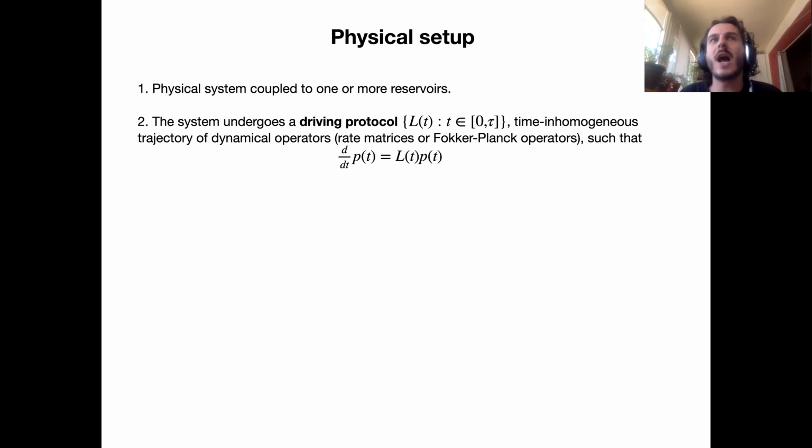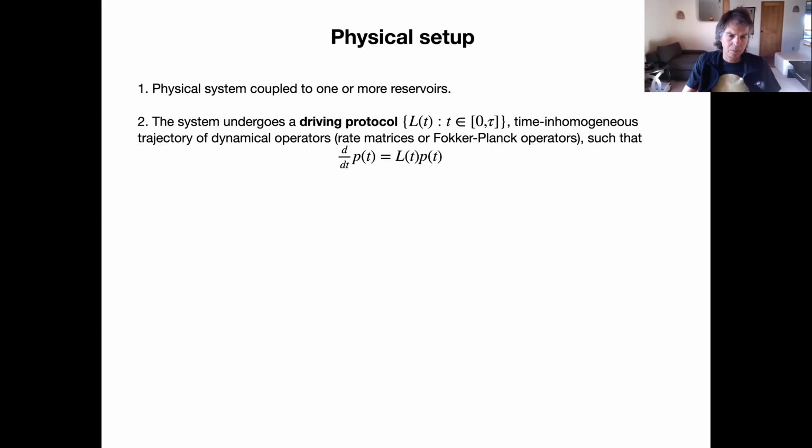This is a time-inhomogeneous trajectory of dynamical operators, which we label by L of t. These can be rate matrices for discrete state systems, or Fokker-Planck operators for continuous state systems. The distribution of the system evolves according to this L of t at time t, and they can change over time.